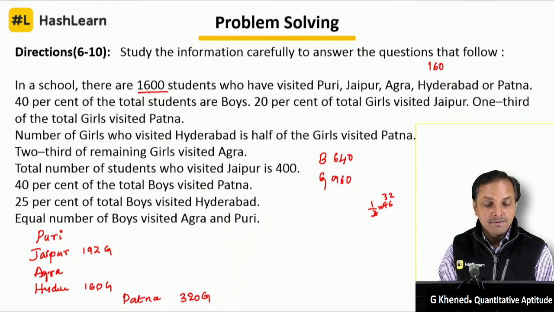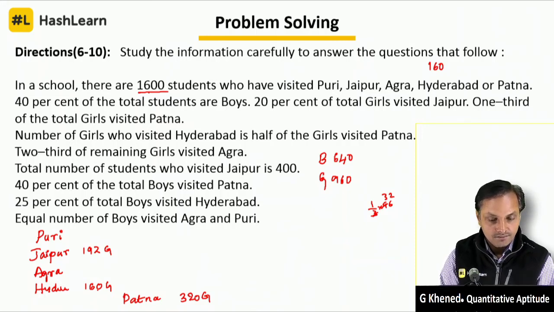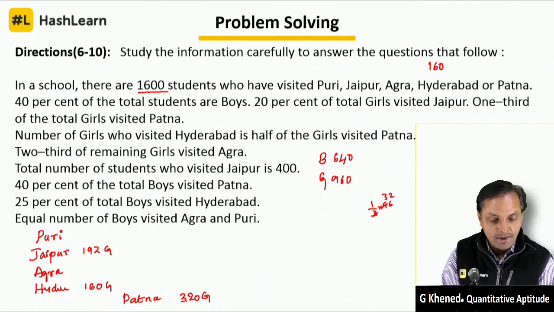Two-thirds of the remaining girls visited Agra. What is the remaining number of girls then? See here, there are some girls who are visiting Jaipur, Hyderabad and Patna.